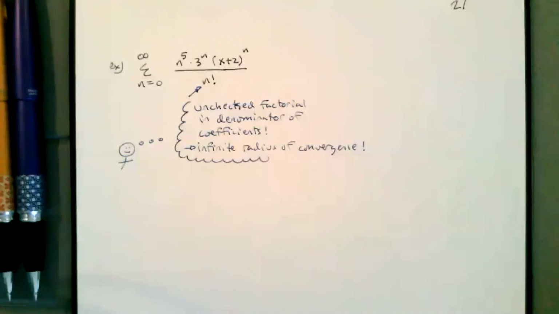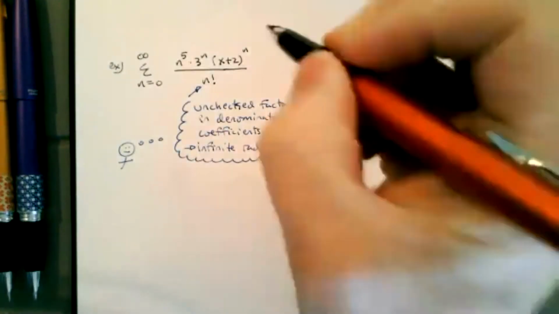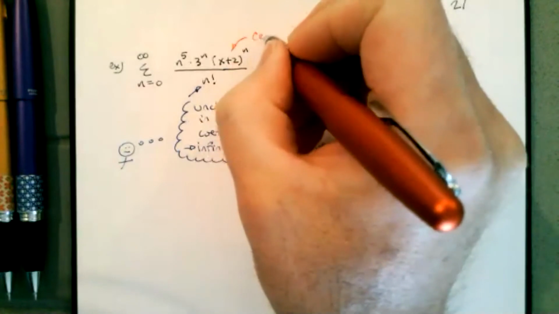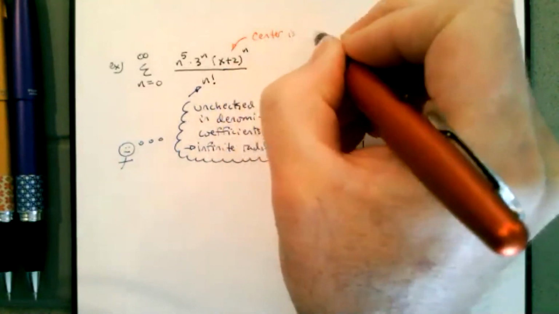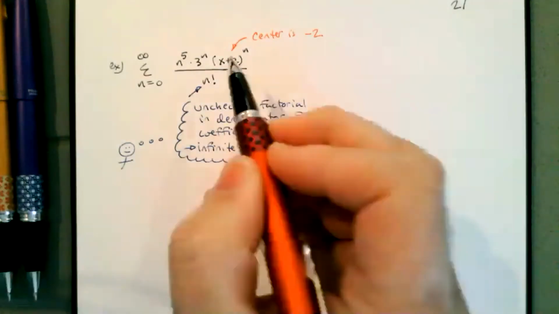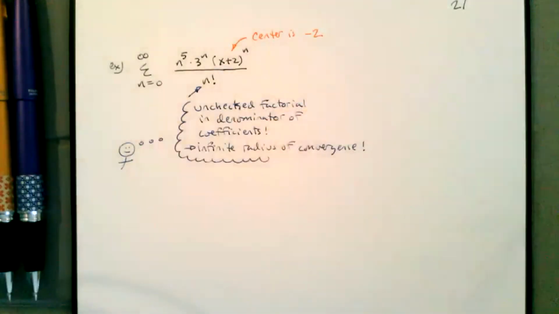So we're just trying to read the things that are happening. We see this x plus 2, so we're thinking this factor tells us the center, because that's what will zero out all the terms of the power series. If we plug x equals -2 in, that makes this 0 to the n, and so this is all 0.